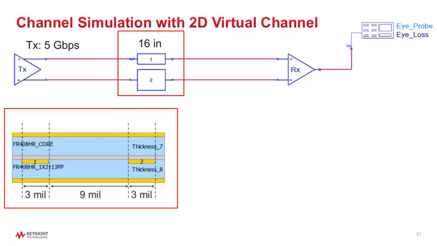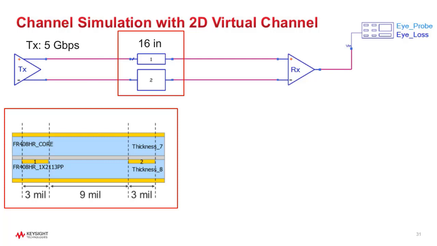But let's take a look at the channel simulation that we did with our virtual channel. We designed a 16-inch trace using the 873 rule. We're going to send in 5 gigabits per second from the transmitter.